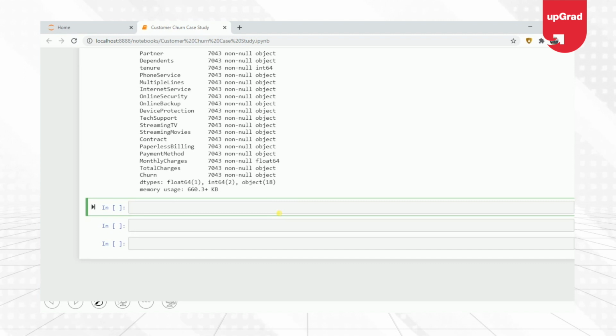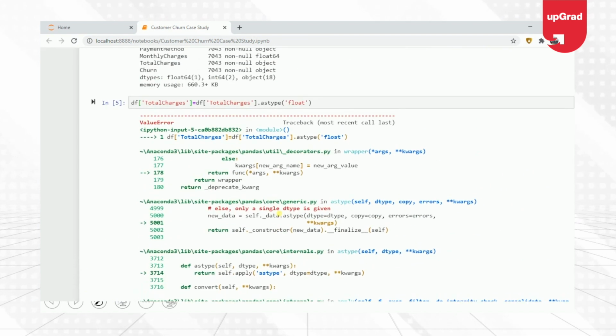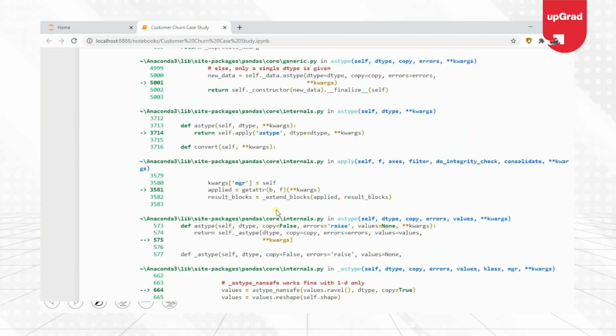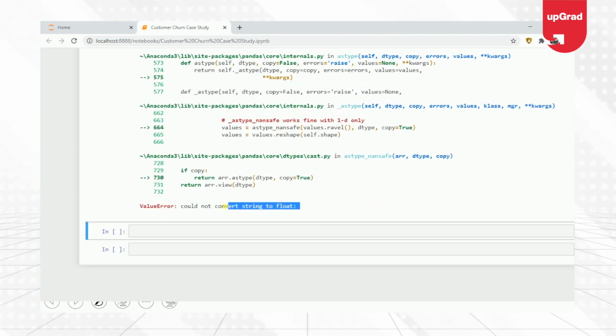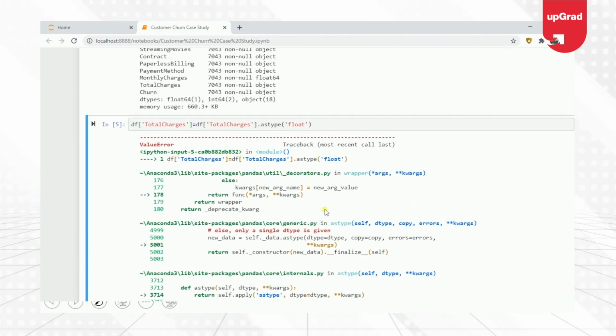For that, we have df total charges dot astype function. Let us say we are trying to convert this column into float type. Here we can see that we are getting an error. The reason for this error might be weird or complicated, so let's figure out why.